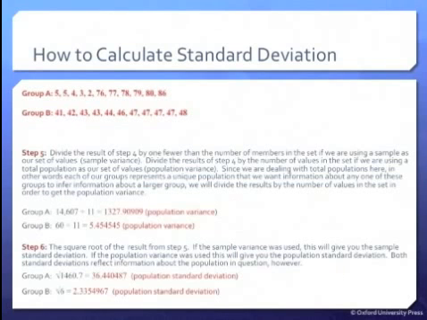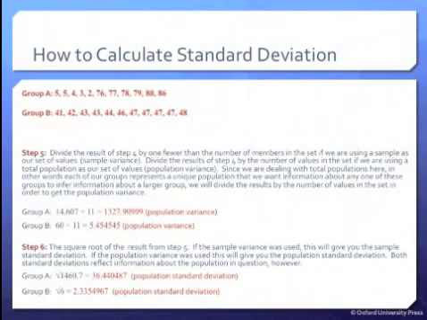In step 5, there are 2 possible steps we can take, although your text only provides one. We can divide the result of step 4 by 1 fewer than the number of members in the set. We take this route if we are using a sample as our set of values in order to calculate the standard deviation of an entire population that the sample represents.